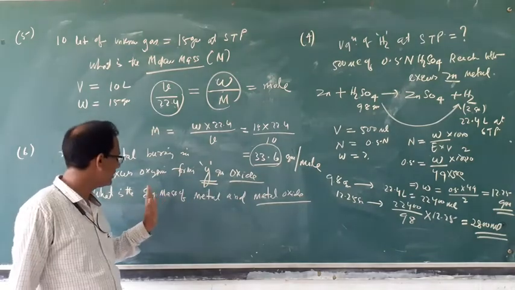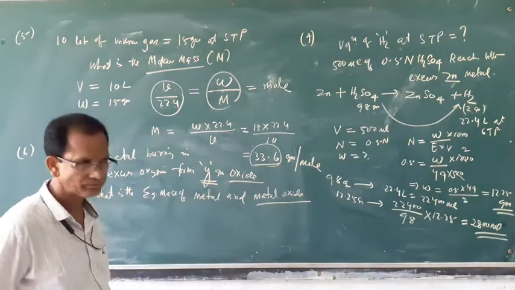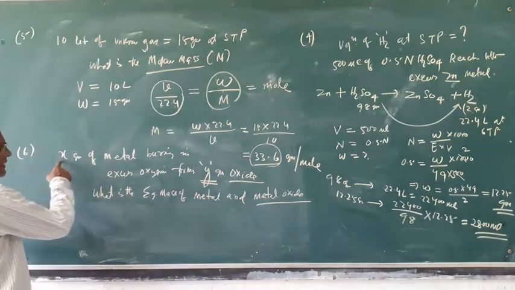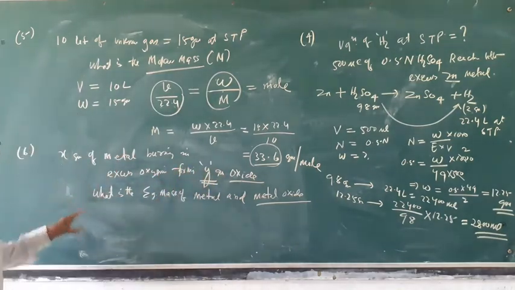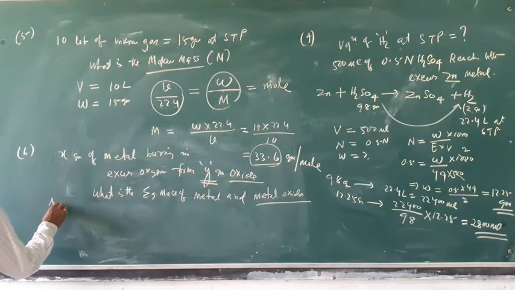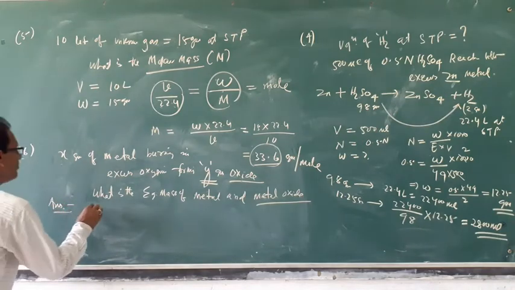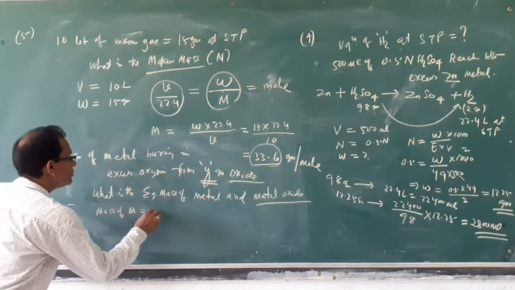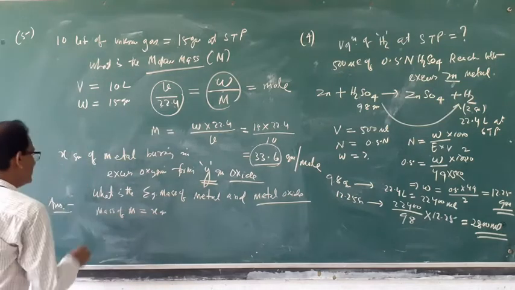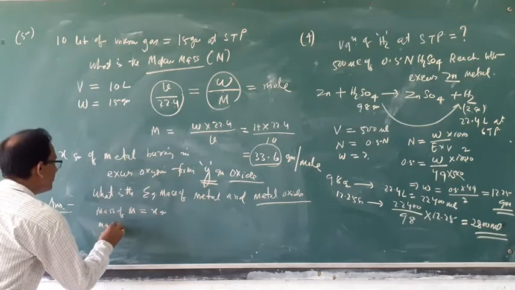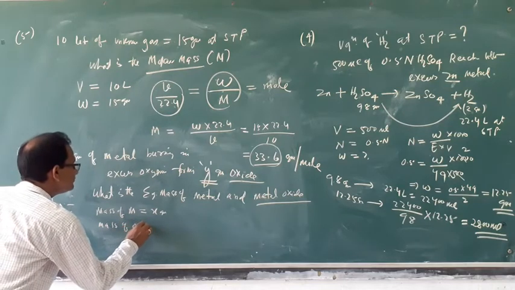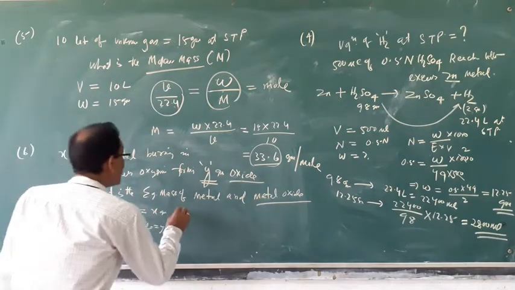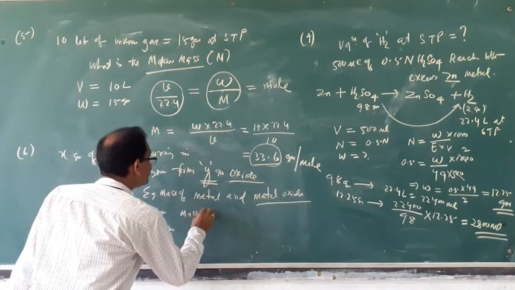Then what is the equivalent mass of metal? Here, metal weight is given and oxide weight is given. So mass of metal is equal to X gram. Then mass of oxide is equal to Y gram. Then what is the mass of oxygen?